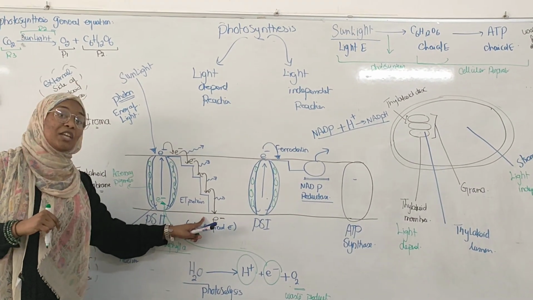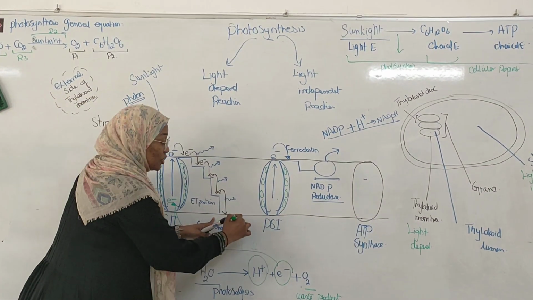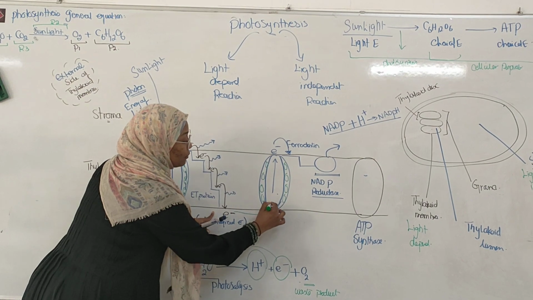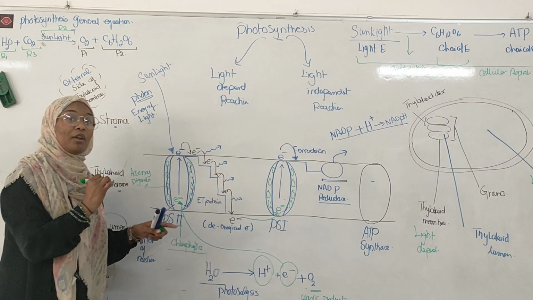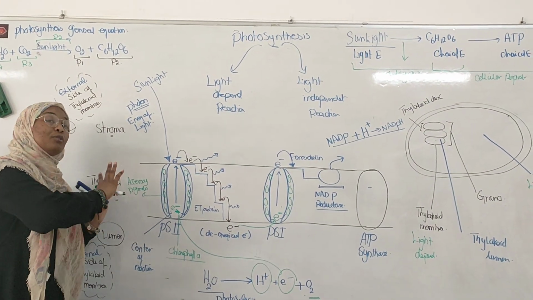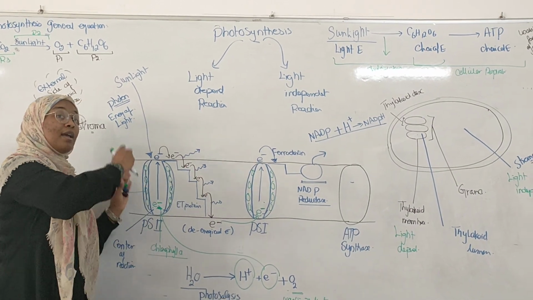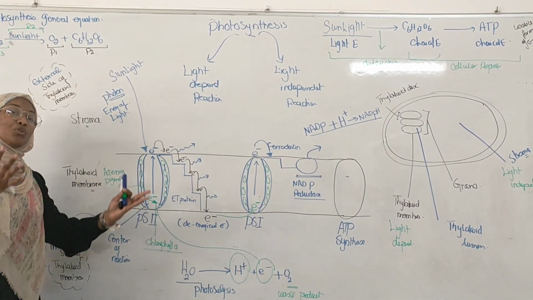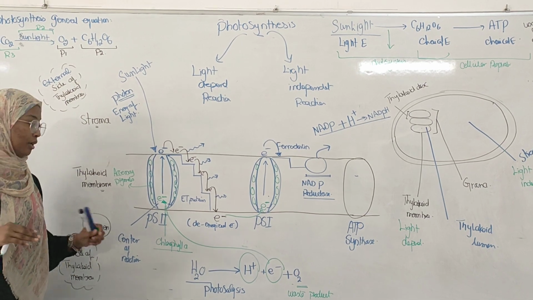And what about this de-energized electron? This de-energized electron will compensate for the electrons of photosystem 1. So now, photosystem 2 and photosystem 1 are each restoring their main electron.